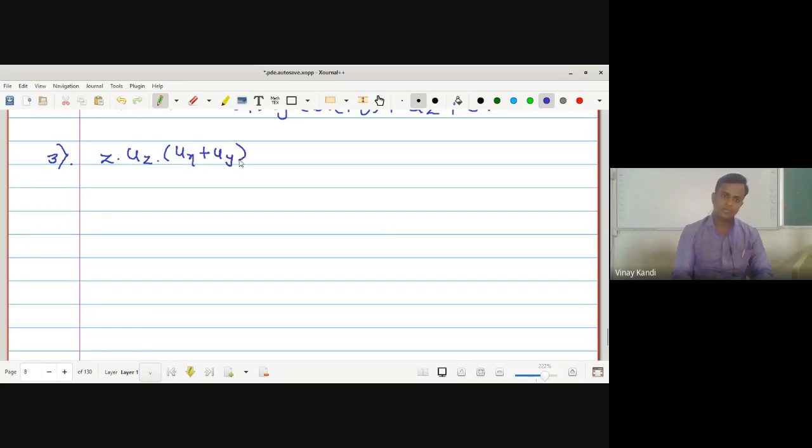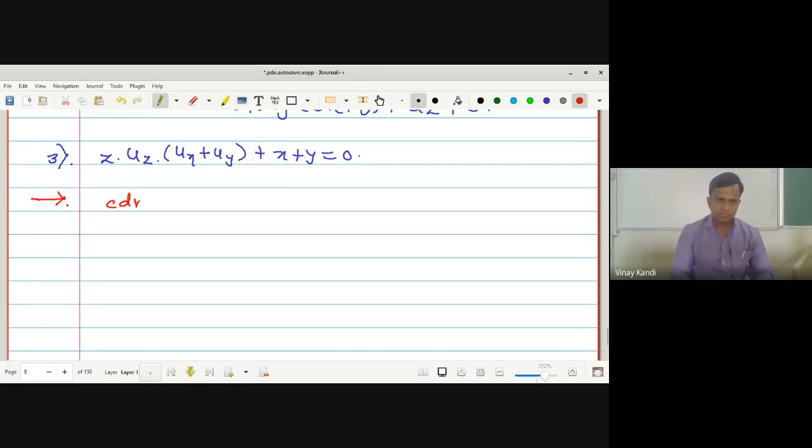z into uz into ux plus uy plus x plus y is equal to 0. Okay, so this is the given partial differential equation in which x, y, z are the independent variables and u is the dependent variable on x, y, z, and in which this partial differential equation does not contain the term u. Okay, now solve this equation by Jacobi's method. Now look at here.